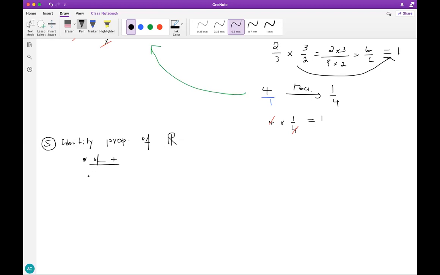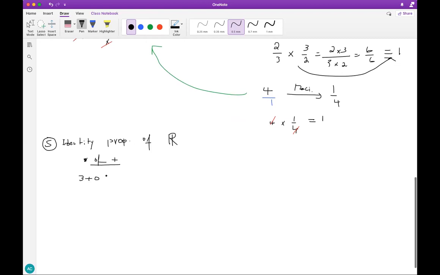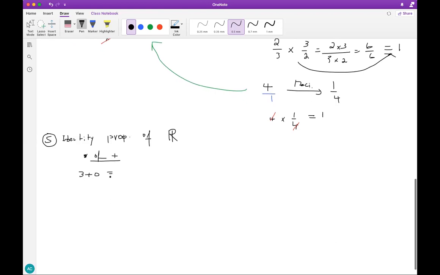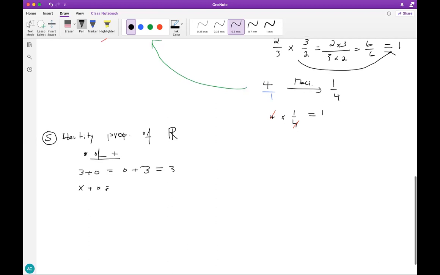So for addition, basically, when we add 0 to any number, does it change that number? No. It does not. So when you say 3 plus 0 is the same as 0 plus 3, if you commute the positions, it's still going to be 3. In other words, the 0 does not affect the addition. For any real number x, x plus 0 will be? X. That's right, will be x. When you add 0 to anything, basically you're not adding anything.